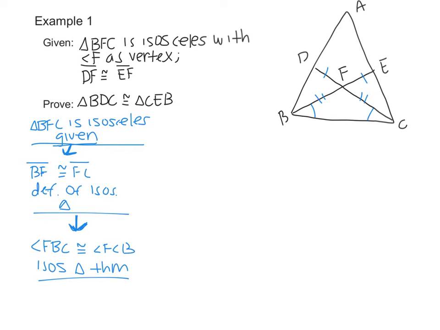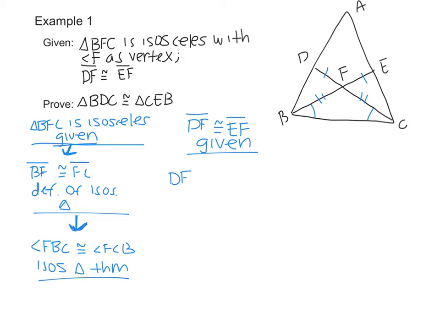Okay, so now that I know that, let's start with something else that we know. We know that DF is congruent to EF, and that was given to us. Now, I know that DF, so let's see here. If I look at DF and FC, that equals the whole DC.